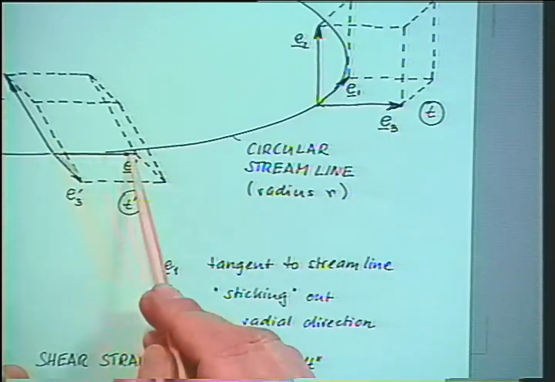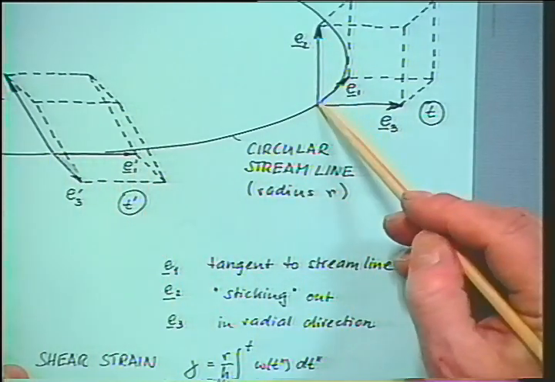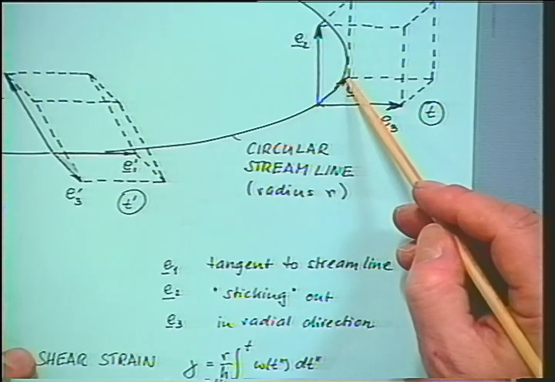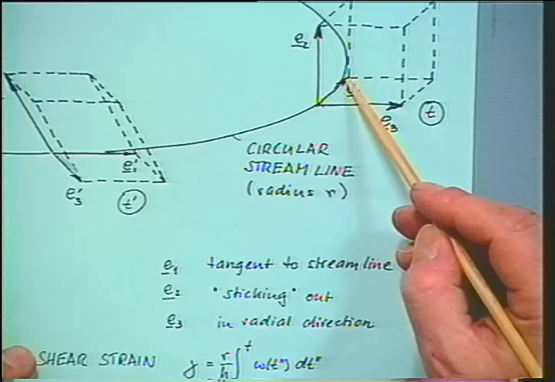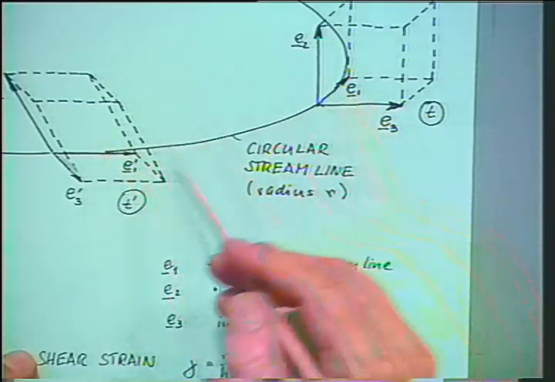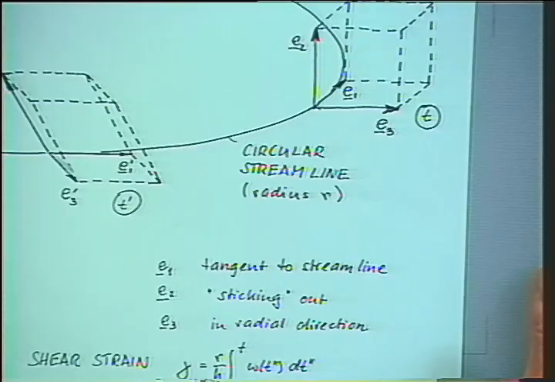You know, E1 has this direction and it has that direction at some later time. So the material element is rotating in the flow. That's what curvature does in this example. But otherwise, our three linear material vectors are described in exactly the same format.